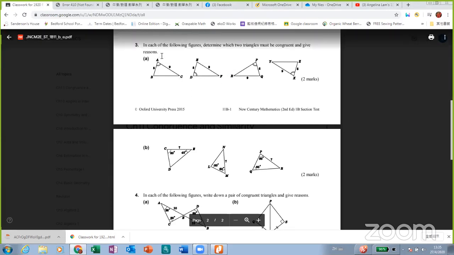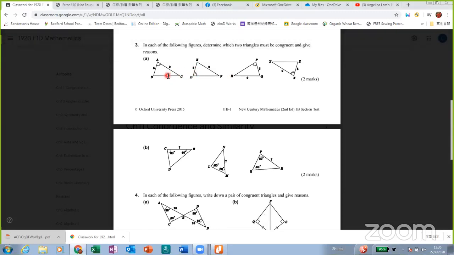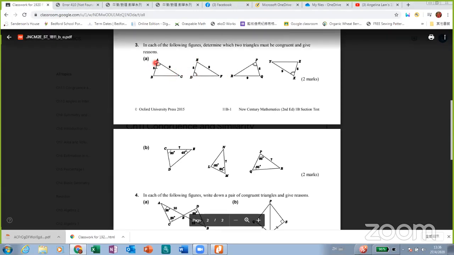Now, this one, if you compare these two, this length should correspond to this length. I do it one by one first. This length corresponds to this length, right? And then this is 9 units, corresponding to this length, right?